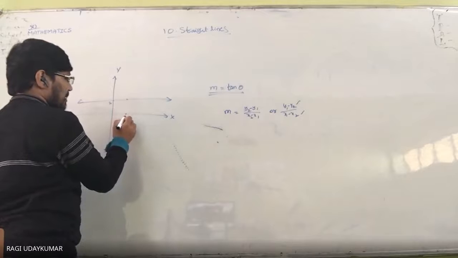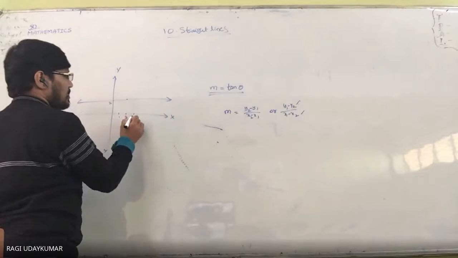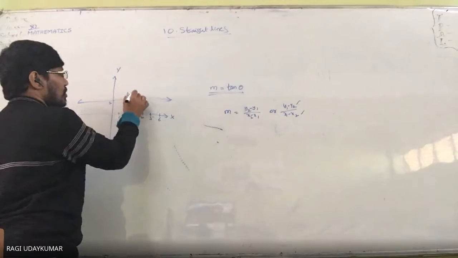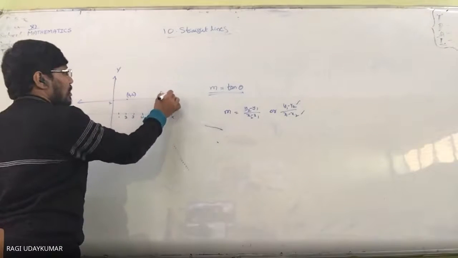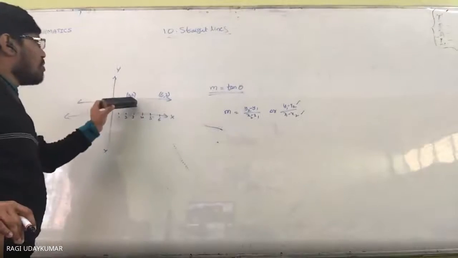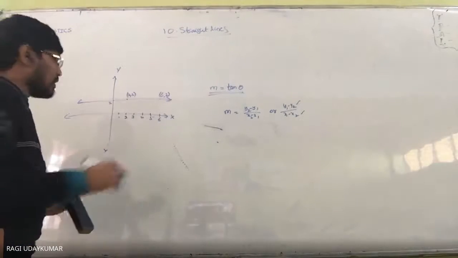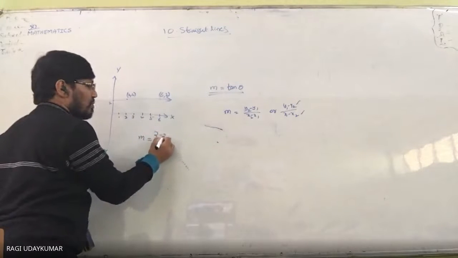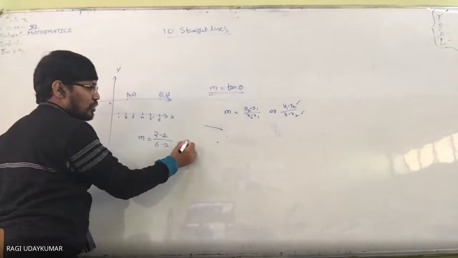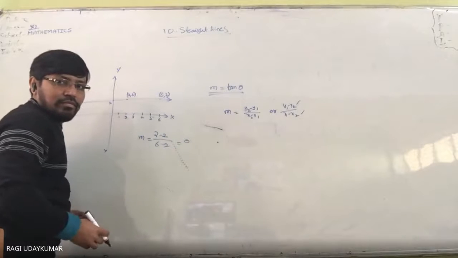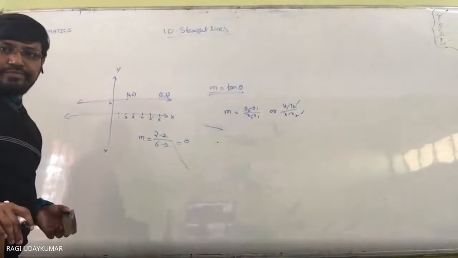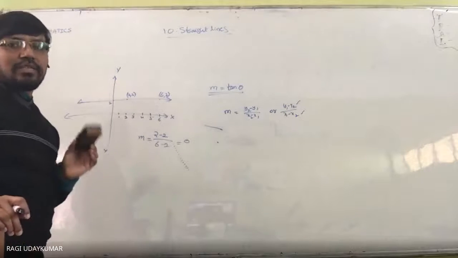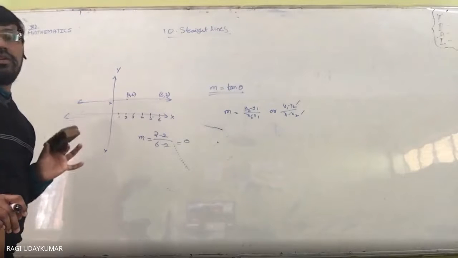As an example, the points will be 2 comma 2 and 6 comma 2. Then the slope of this line is y2 minus y1, 2 minus 2, by 6 minus 2, which is 0. So any line which is parallel to the x-axis also has slope equal to 0.